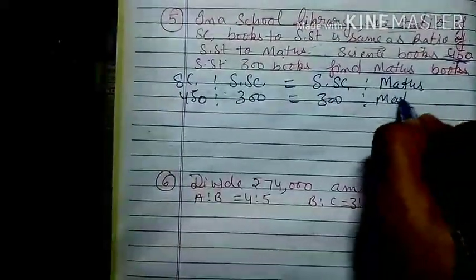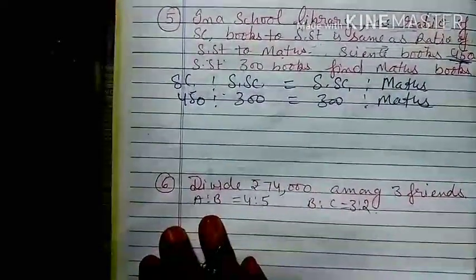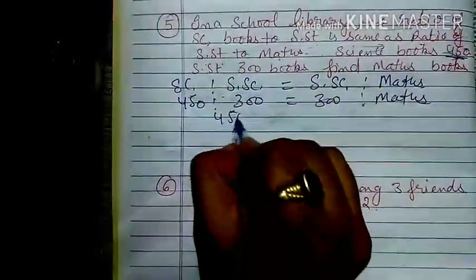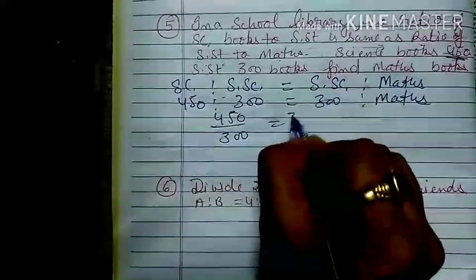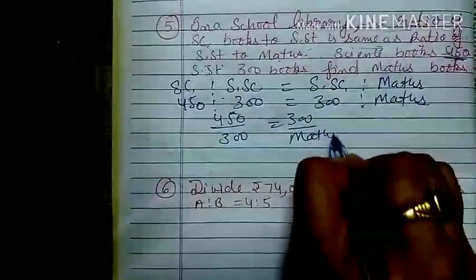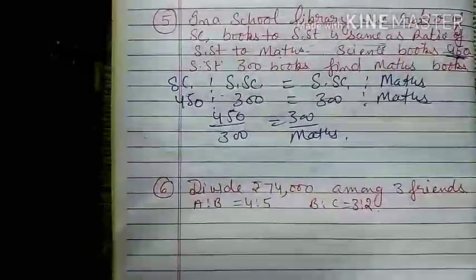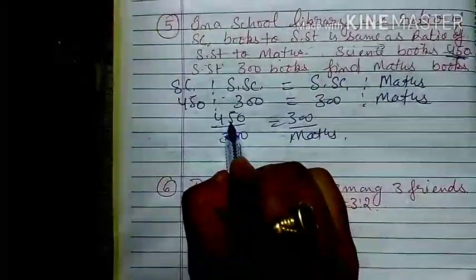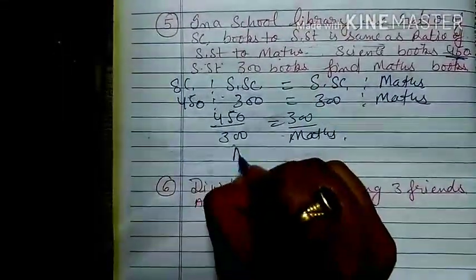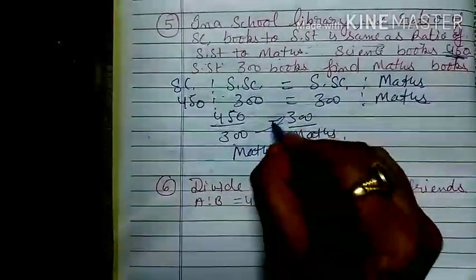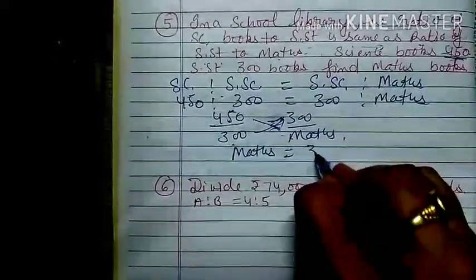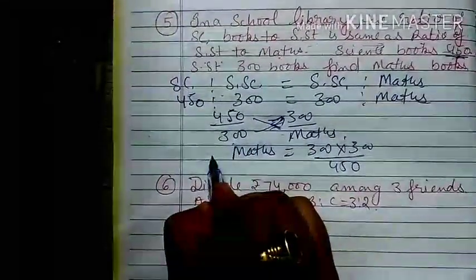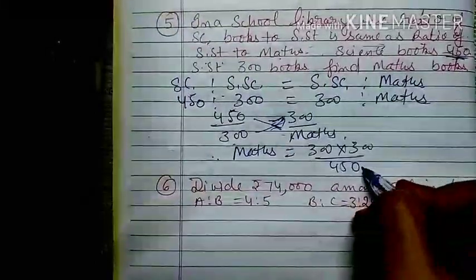Now you have to find the maths books. Either you can go with product of means, product of extremes, or you can write in ratio form 450 upon 300 equals 300 upon maths books, because you have to find the quantity of the maths books here. When you cross multiply, maths goes on this side. 300 into 300, I can directly write 450 here, and it goes again in the division.